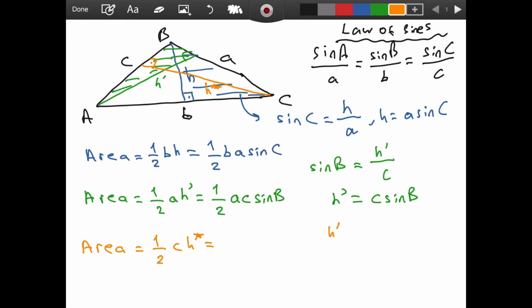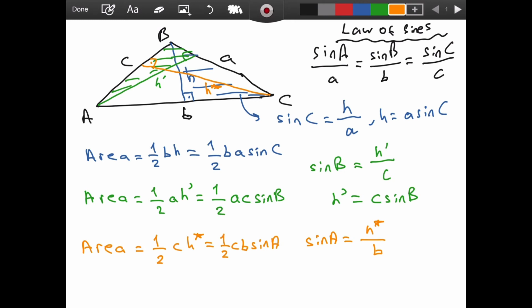Now, if we consider sine of A, we will say that it is h star divided by b, right? So for h star, we can write b times sine of A. So we have 1 over 2 c b sine of A. Great.